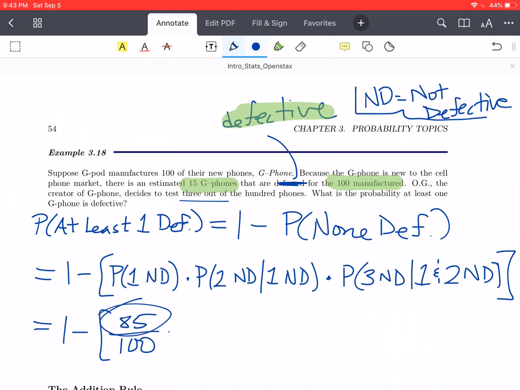Because they got one of them already that was not defective the first time. So there's 84 non-defectives left out of the remaining number of phones, which is 99. So we're down to 84 out of 99. And then the third one, assuming they already got 2 non-defective phones, there are only 83 non-defectives left to choose, and there are only 98 total phones left.